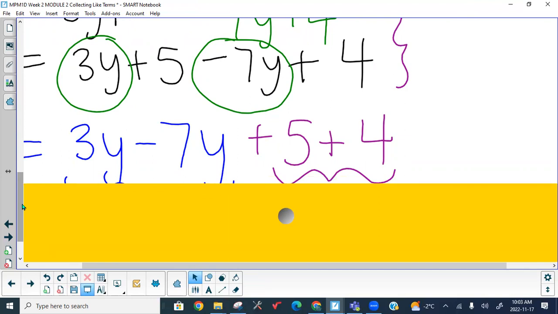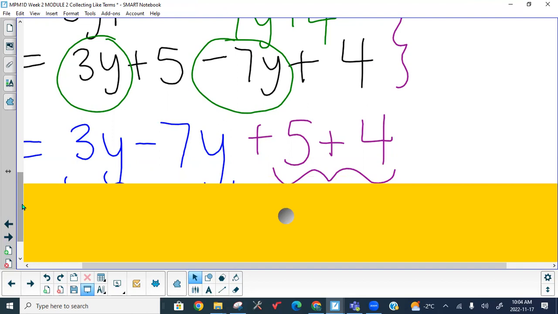And I'm not moving just the 7y. I'm moving the negative because the negative belongs to the 7y. We cannot separate the sign in front of the coefficient. That still belongs to that term, okay? So don't try to put in double signs there.